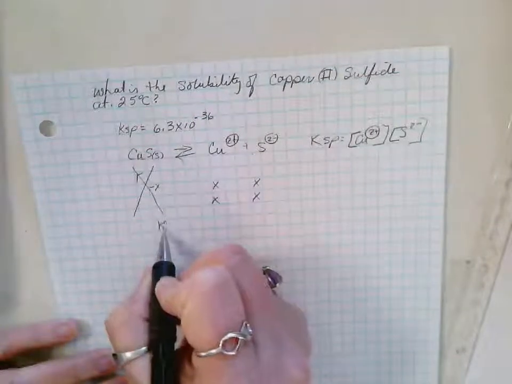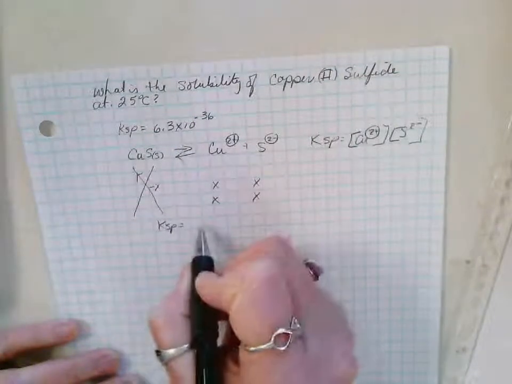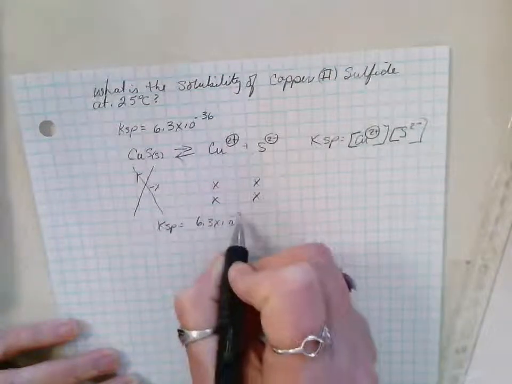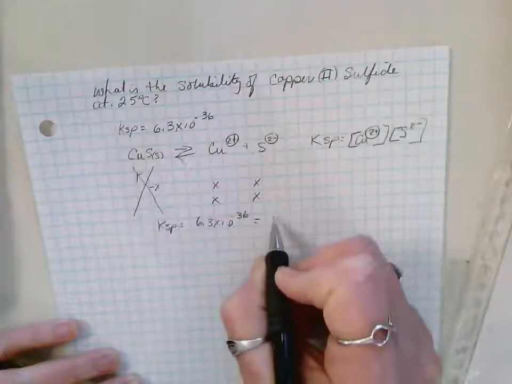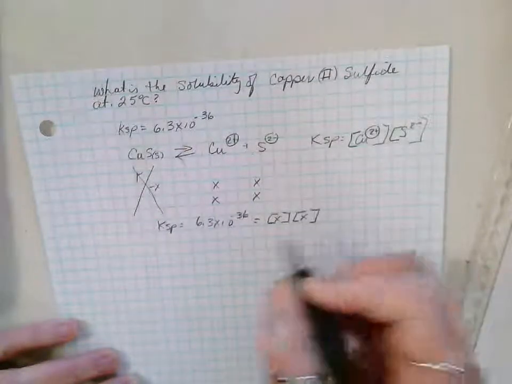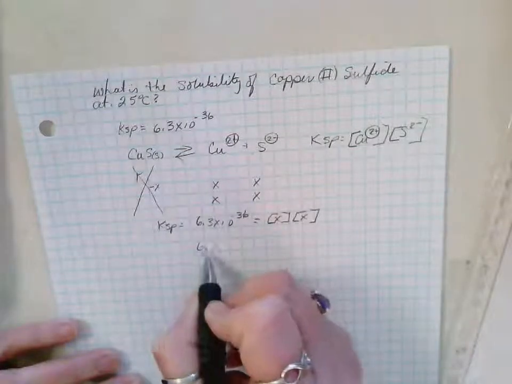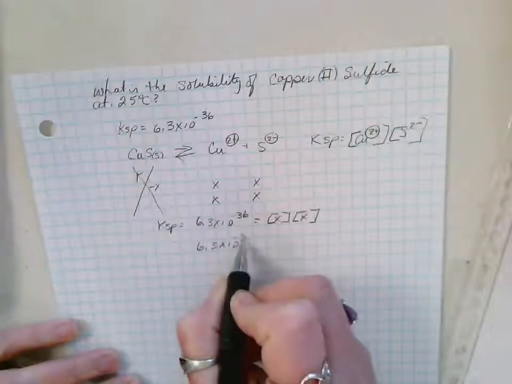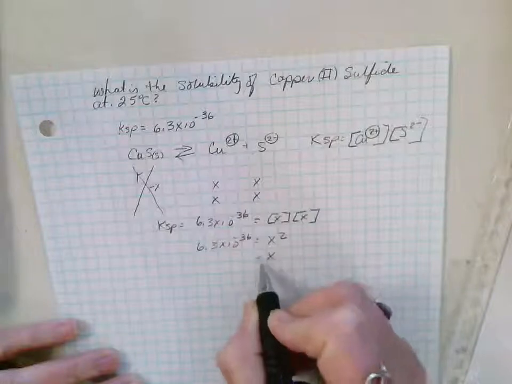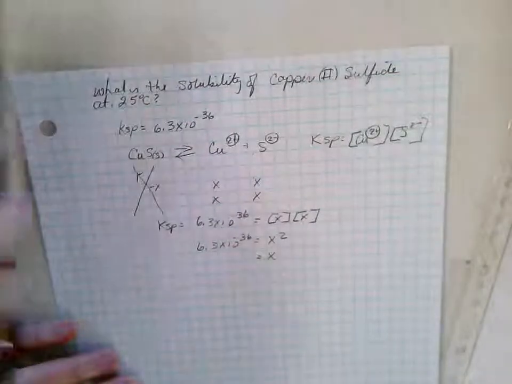So KSP is going to equal 6.3 times 10 to the negative 36, which is going to equal X times X. And so that would be 6.3 times 10 to the negative 36 equals X squared. So X is going to equal the square root of that number.